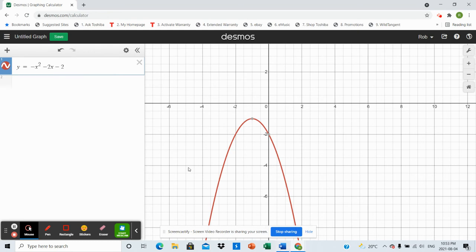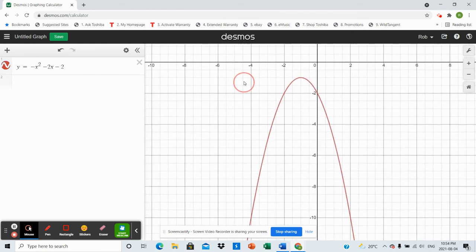Interesting thing here. We can see we're in standard form, ax squared plus bx plus c. A is negative, so that tells us our parabola is going to open downwards. And we can see visually here that it does.